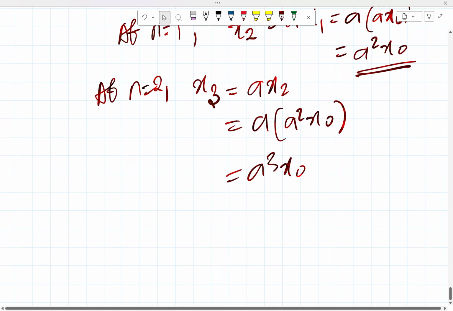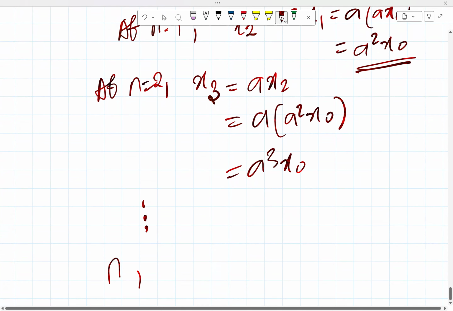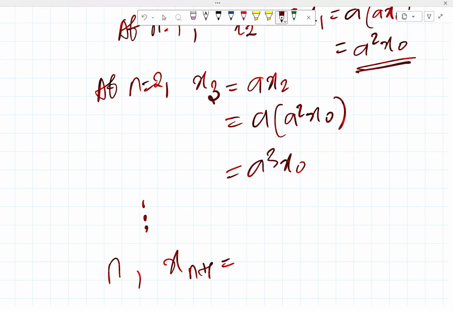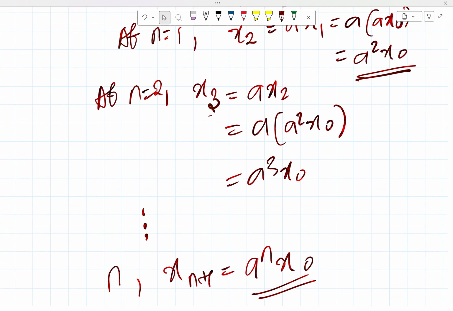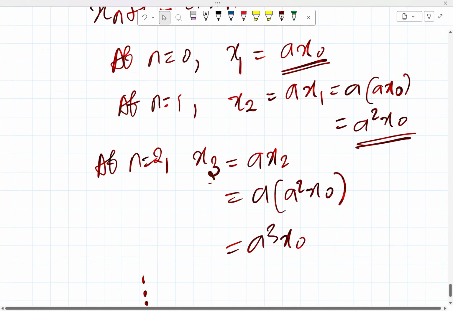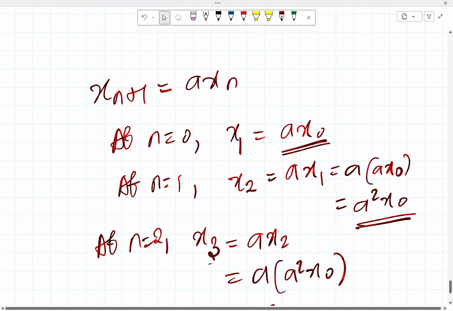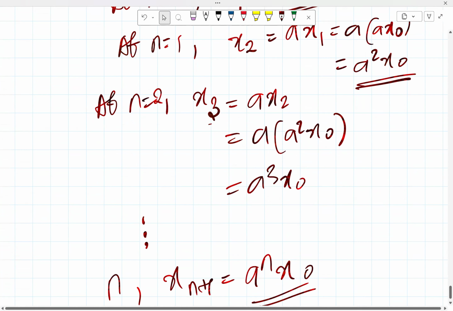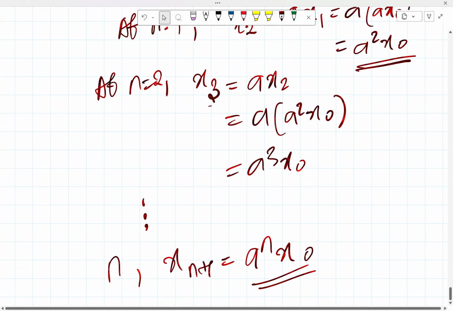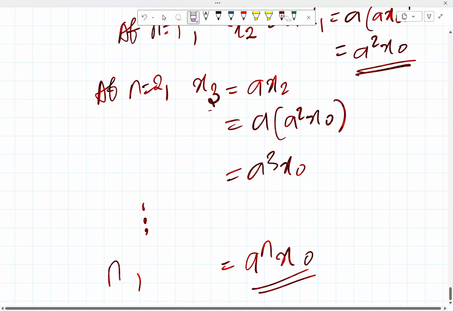If you continue like that all the way to n, we see that x_n is equal to a^n x naught.